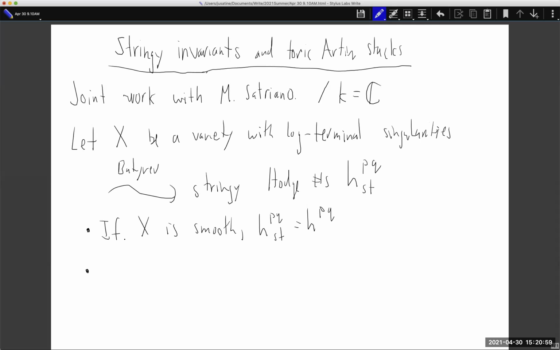But beyond this, what's one way to think about these as I generalize to things that are singular?